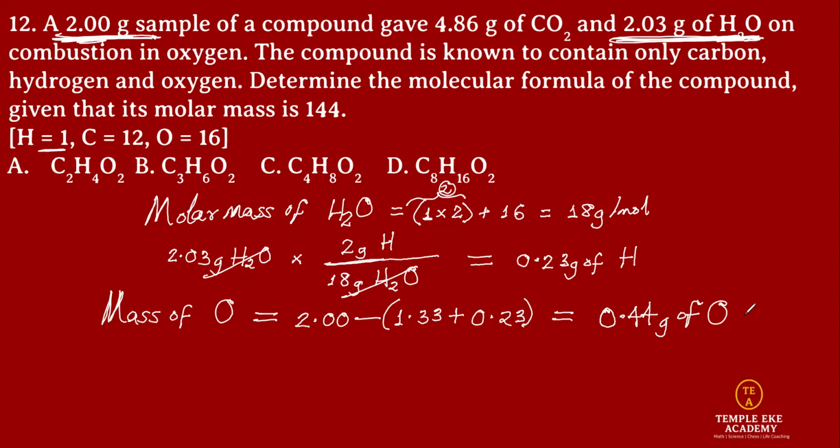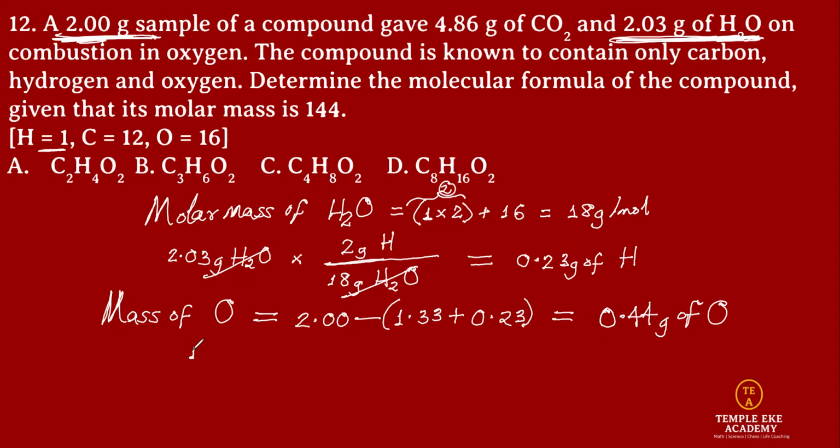Now we have the elemental composition of the organic compound. 0.44 gram of oxygen, 1.33 gram of carbon, and 0.23 gram of hydrogen. Now the first stage of the calculation is complete. We have determined the elemental composition of the organic compound.